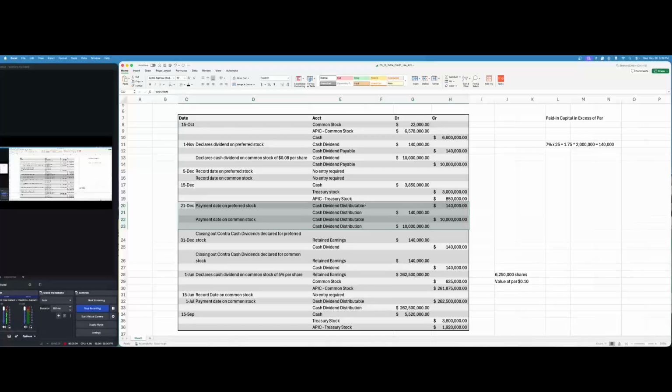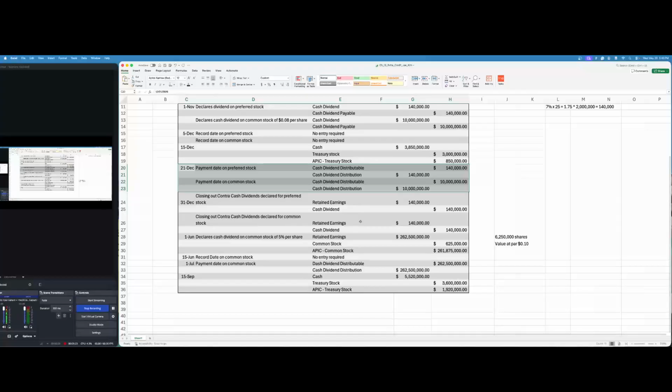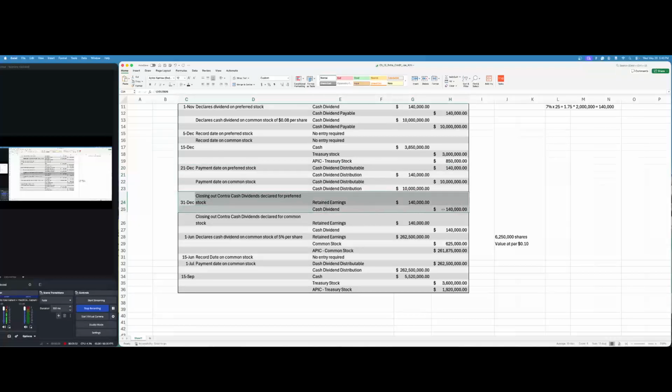I'm not sure if it's correct, but it's something like this. I don't know if they're both contra accounts, or whether this is supposed to be written in the journal entry, like the retained earnings. This might be in the income statement.